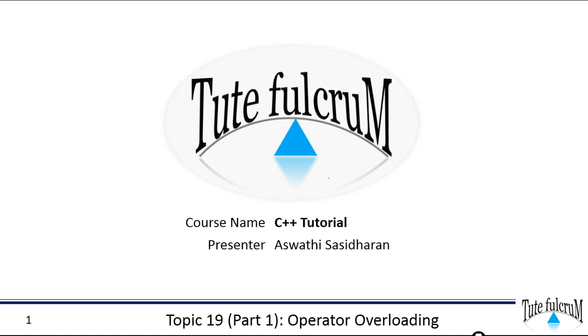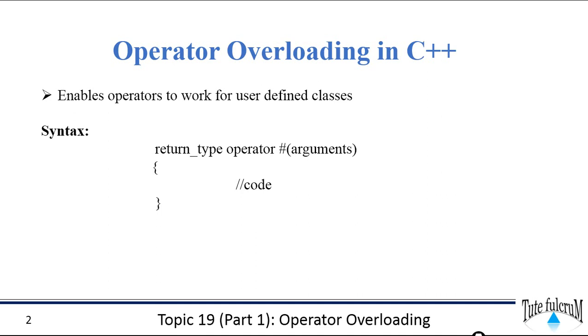This session is on an introduction to operator overloading in C++ programming language. In our previous sessions, we have discussed overloading. We have seen the function overloading concept in C++, where we had multiple functions with the same name, and we referred to this scenario as polymorphism.